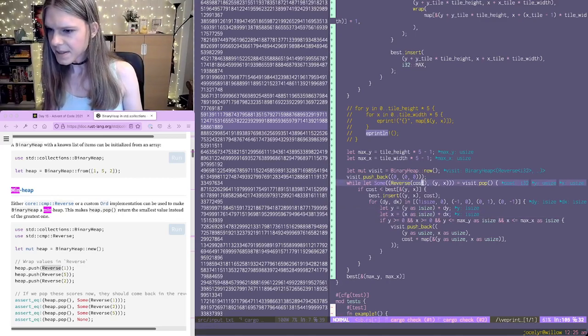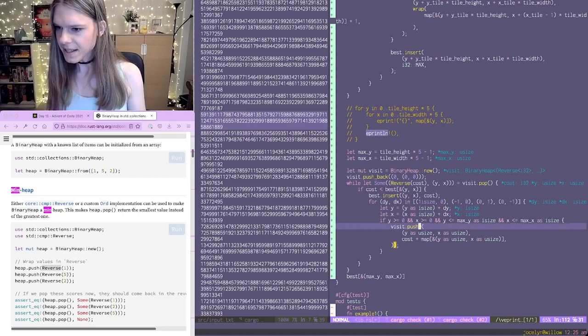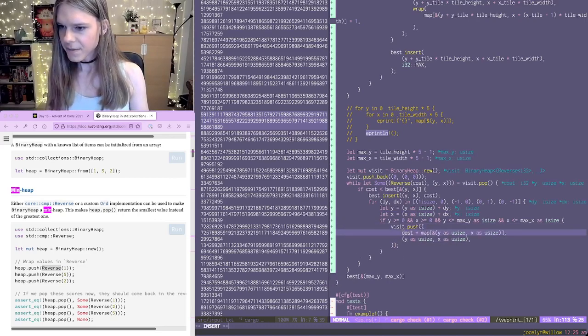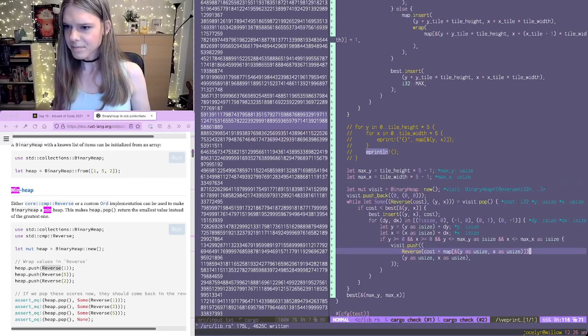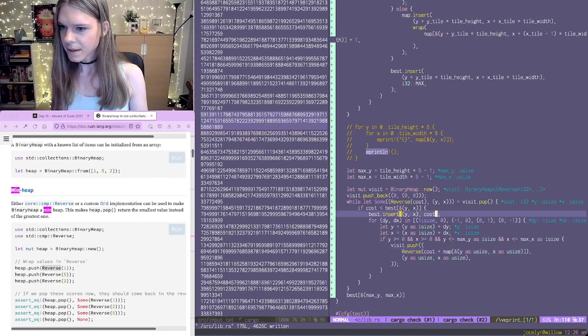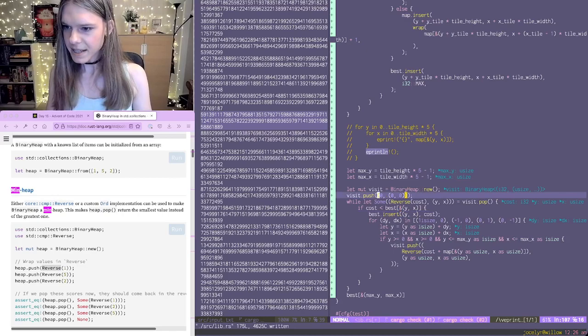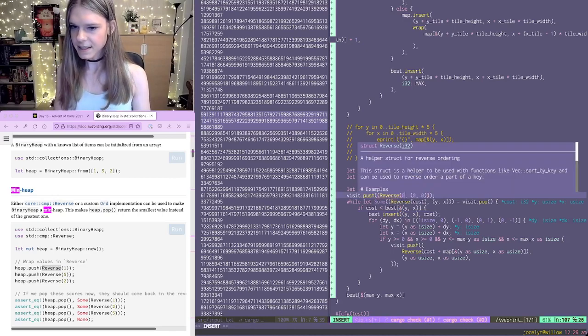So we're going to say visit.push, and then we're going to push the reverse of that cost. And I think this should be like a lot faster. This also needs to be reverse.